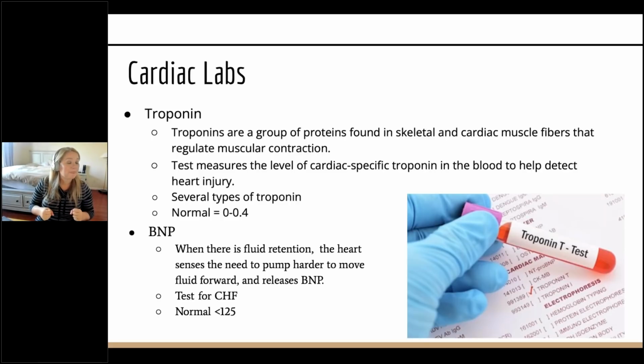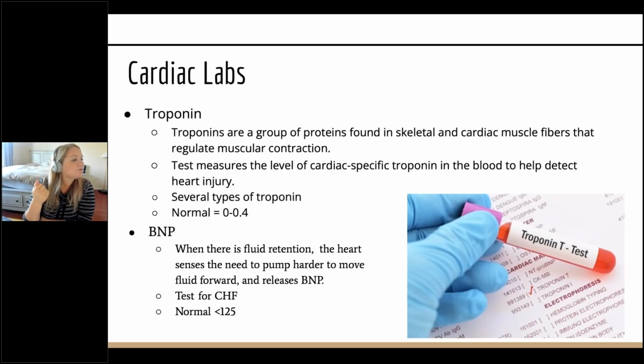And we don't really want to see a lot of that protein from your cardiac muscles hanging around in the bloodstream, because that means that heart tissue, muscle tissue from your heart has died. The only way that that protein really gets into the bloodstream is when that muscle dies and releases that protein out into the bloodstream.